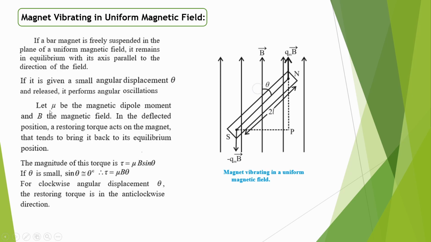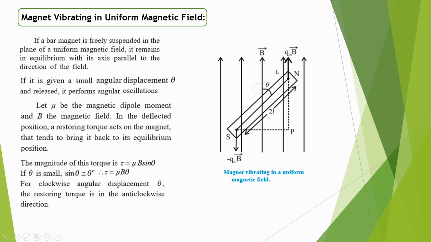Let mu be the magnetic dipole moment and B the magnetic field. In the deflected position a restoring torque acts on the magnet, because this torque can restore the magnet to its original position, so it is called the restoring torque. The restoring torque acts on the magnet and tends to bring it back to its equilibrium position.